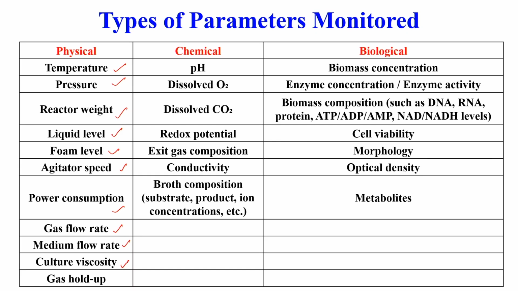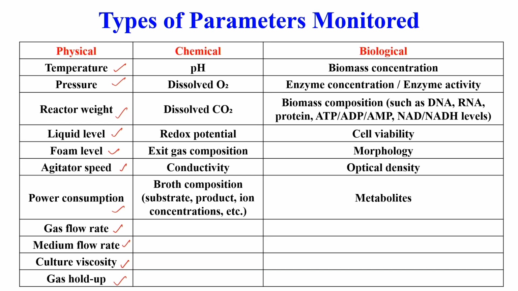Culture viscosity, what is the flow behavior, if it becomes too viscous, then it causes mass transfer resistance. And gas hold up, this is the criteria we have already discussed during the aeration lecture. So, these are the physical parameters that one can monitor.